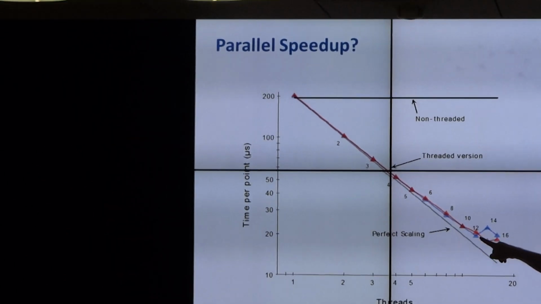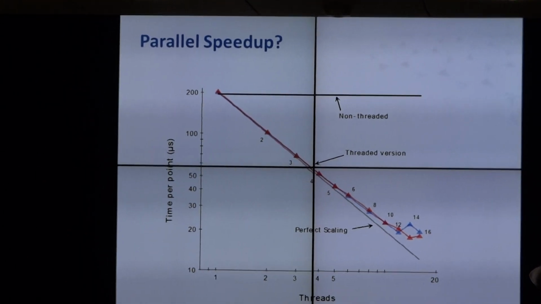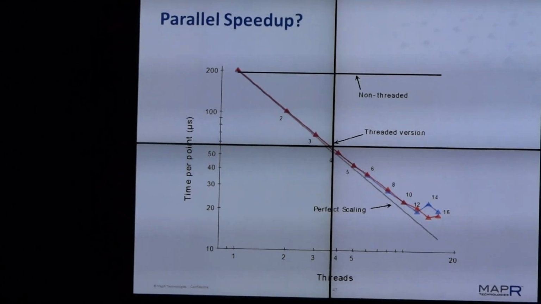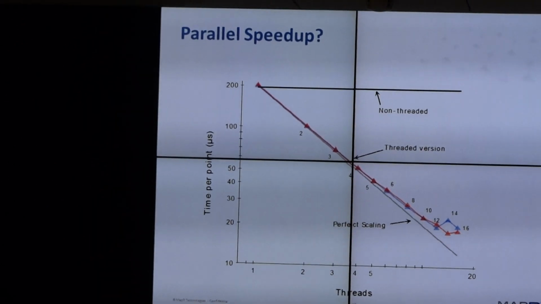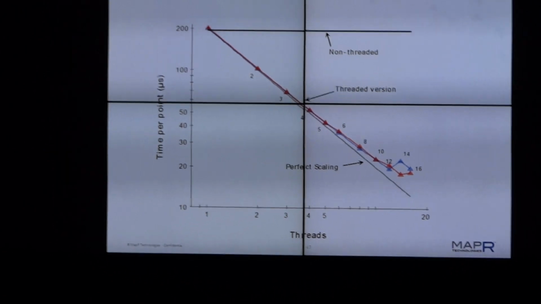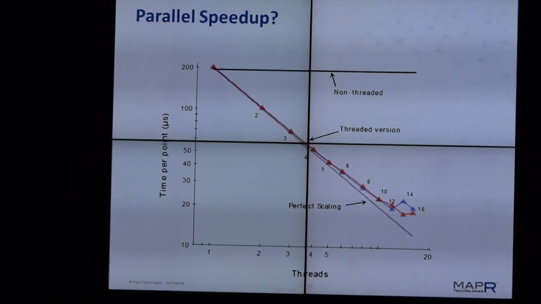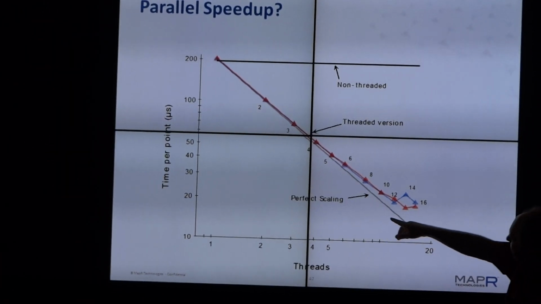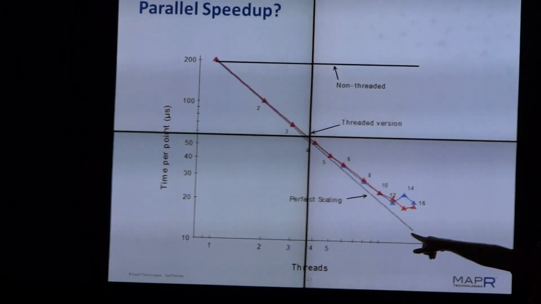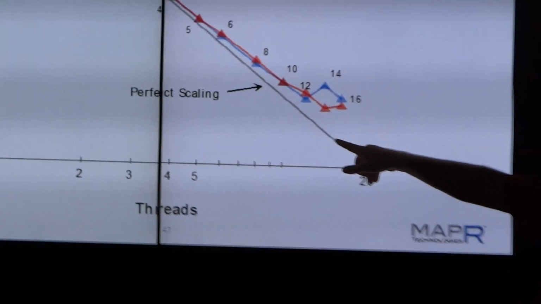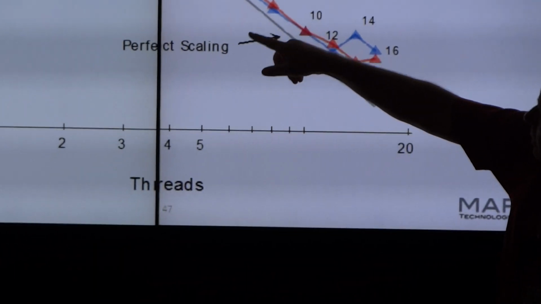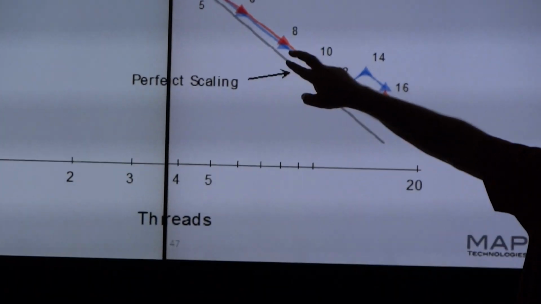The red and the blue lines represent the time taken for 2, 3, 4, and so on, up to 16 threads. There were 16 cores on the machine I ran this on, 16 physical cores. And the gray line here is the perfect speed up that we could have gotten. You can see that's the log scale on the right, so it's a little bit misleading.